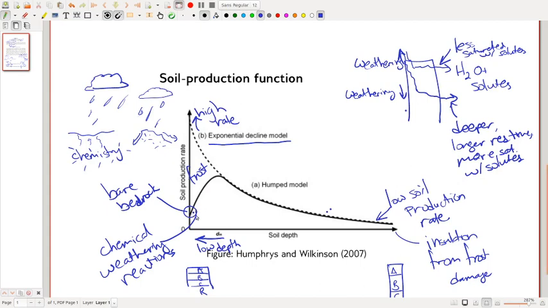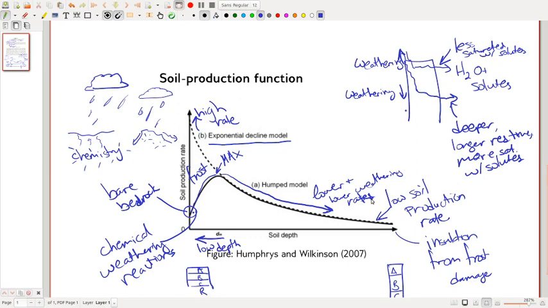And so basically bare bedrock has a low weathering rate. As we go up the curve, we get to a maximum. And then as we go down the curve again, we go to lower and lower weathering rates.